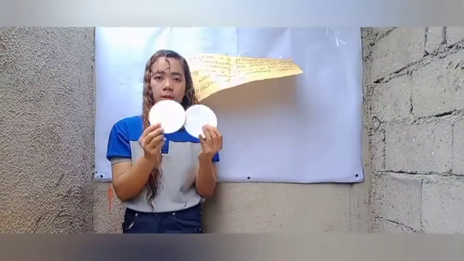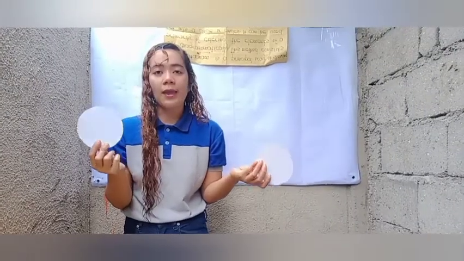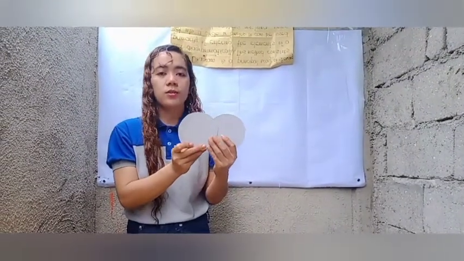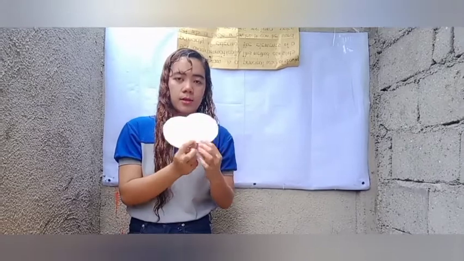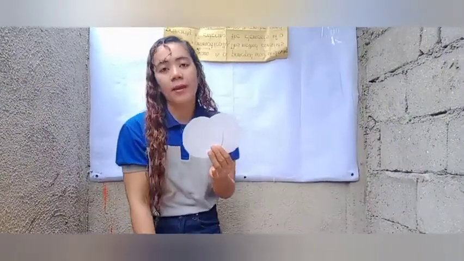Here, two circles. If we're going to do a Venn diagram, we just intersect the two circles, just like that. But you have to be reminded, class, that a Venn diagram is not only composed of two circles.